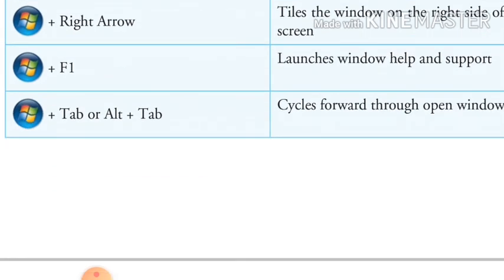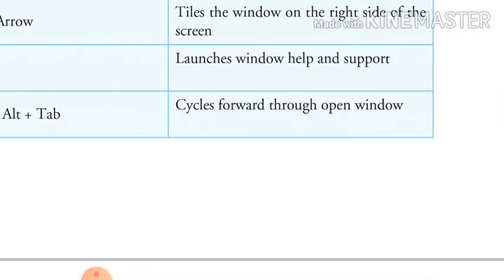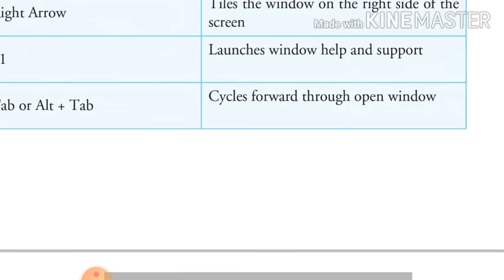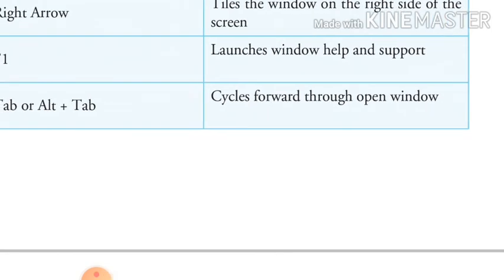Windows plus Tab or Alt plus Tab cycles forward through the open windows. Cycling means, suppose you have already opened three folders: folder A, folder B, folder C, and you want to switch from folder A to folder B, from one window to another.